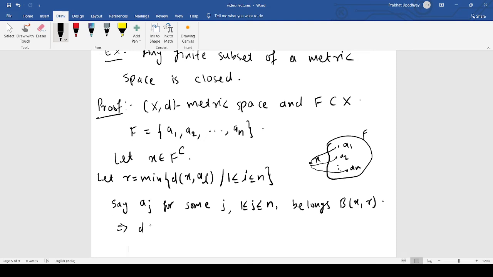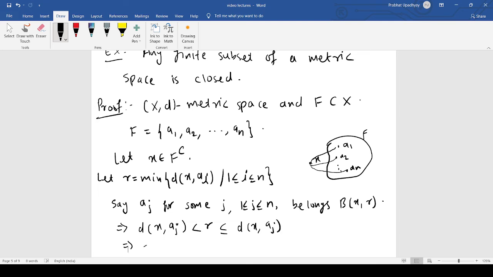It will imply the distance between x and aj is strictly less than r. But r is the minimum of all the d of x comma ai. So in particular it is less than or equal to d of x comma aj. So your r is less than or equal to d of x comma aj.